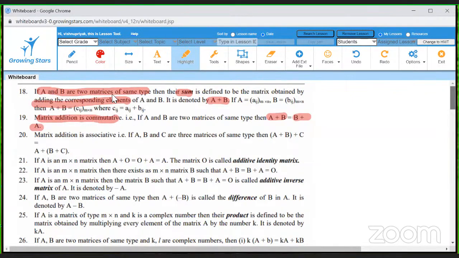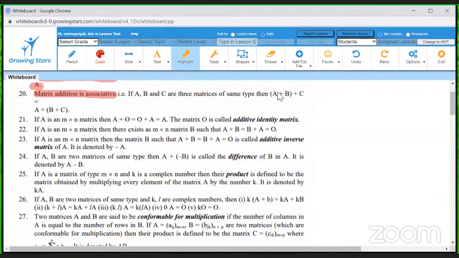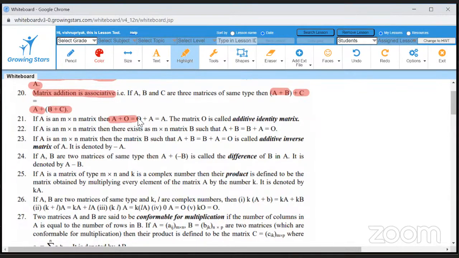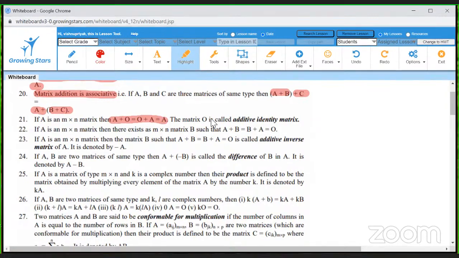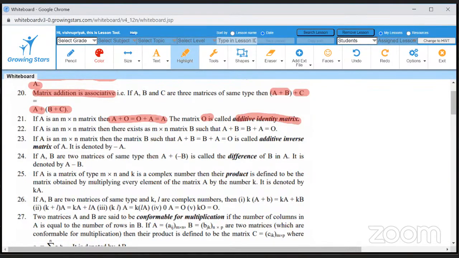Matrix addition is associative. That means A plus B plus C is the same as A plus B plus C grouped differently. Now, A plus 0 matrix is equal to 0 plus A, equal to A. 0 is called the additive identity matrix.